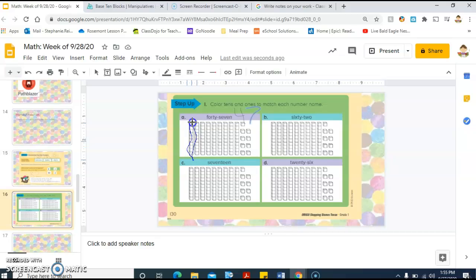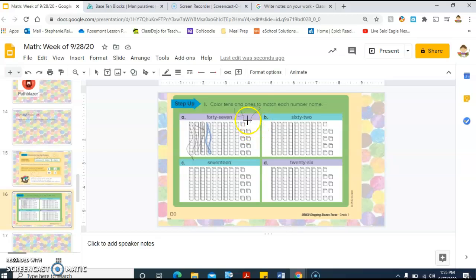So 1, 2, 3, and 4. Let's do this a little bit darker over this 4 so you can see. So we have 1, 2, 3, 4 rods that are colored in, and 7.